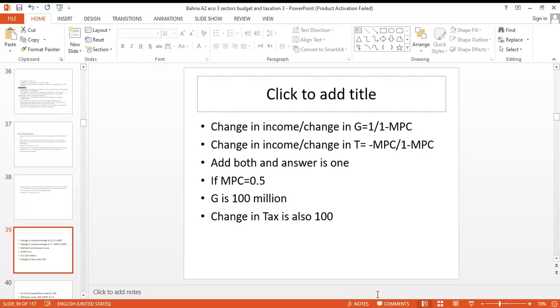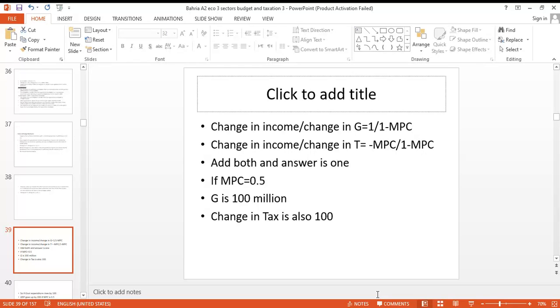So let's now look at what happens. What does the government expenditure multiplier look like, and what does the tax multiplier look like? Because what are we saying? That in this multiplier there are two elements. The two elements are government expenditure and tax, which should equal one another. Okay, so now let's look at the formula.